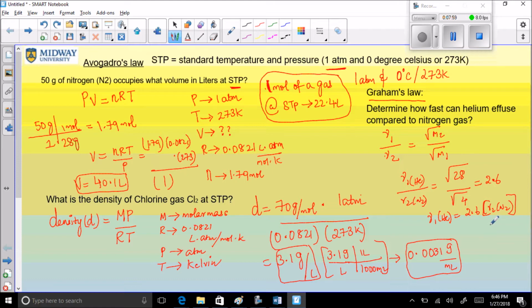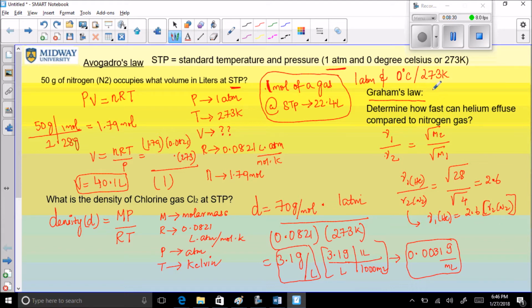If you put equal volumes of helium and nitrogen in a balloon and you put a pinhole in the balloon, then helium would come out first, followed by nitrogen. How fast helium comes out compared to nitrogen would be almost 3 times. I'm just rounding off the 2.6 to 3. You do not have to do this. If you just stop here, that'll be perfectly fine. But I just went that extra step to explain what is really happening.